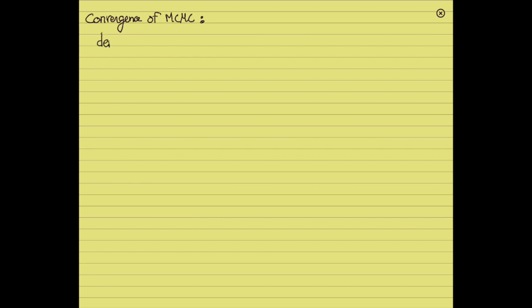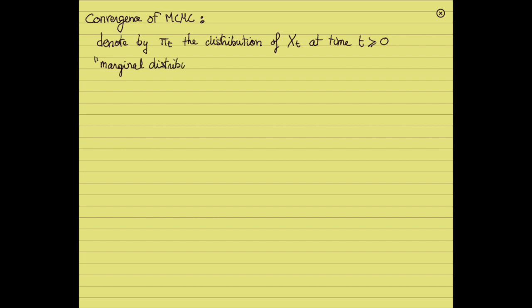We'll denote by pi t the distribution of xt, the Markov chain, at step t. So having evolved from x0 over t steps. And we'll call pi t the marginal distribution of the chain at time t, or step t.